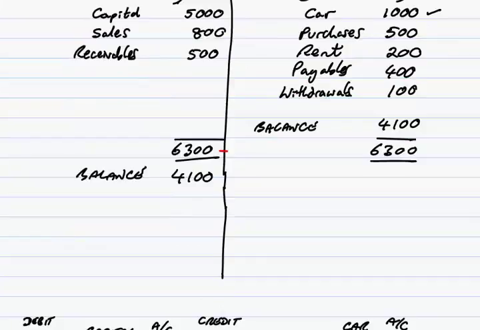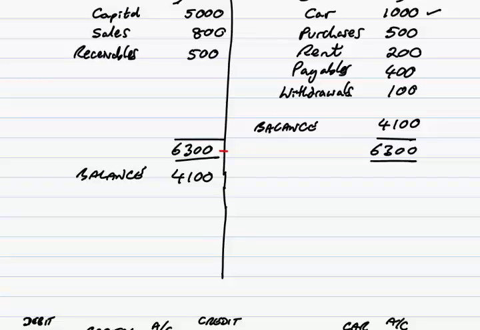But of course, if you were doing thousands of entries a day, it'd be very easy by mistake to perhaps credit cash 1,000 and debit car 100. But if you'd credited cash 1,000, debited car 100, think about it, the trial balance wouldn't balance. You'd know there was an error and you'd look back until you found it.